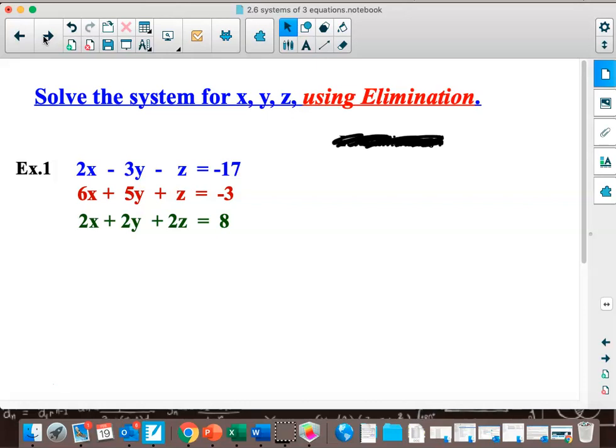So as a class, what variable do you think would be the easiest one to get rid of first? Oh, that's good. There's a lot of opinion on this. Okay, I would go with Z, but you could go with X if you wanted, right? Y would be the most difficult because you got three different leading coefficients for Y, but I would go with Z.